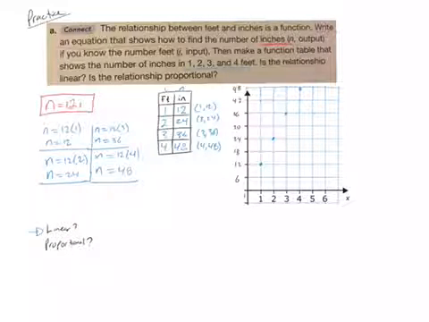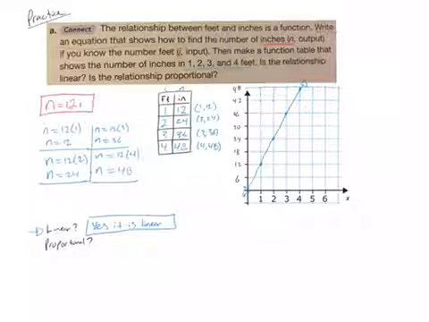And if you notice, you can draw a straight line through all of those. Since I can draw a straight line through all of those, then is it linear? I would say yes, it is linear. So that's part of it.